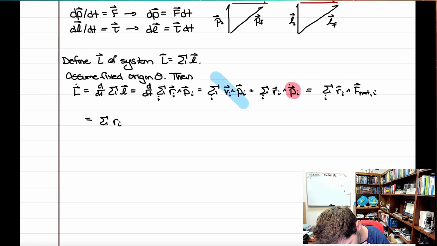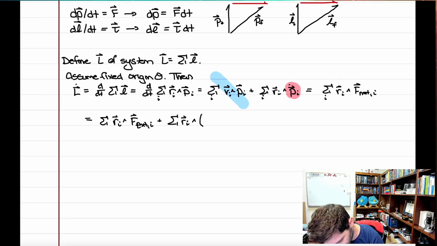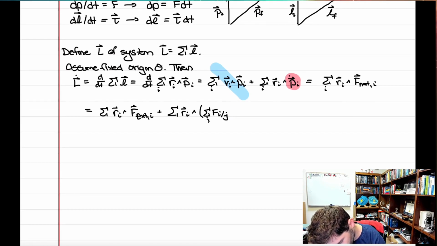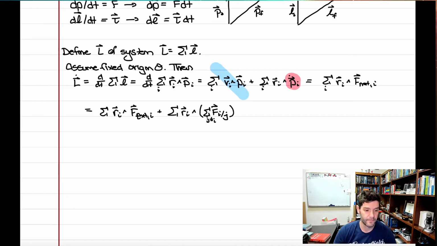There's position crossed with the net external force acting on I, plus a sum of all the positions crossed with all those internal interaction forces, on I from J, where this is summing over J not equal to I. And you can go back to the momentum lecture, because this is a very analogous proof.